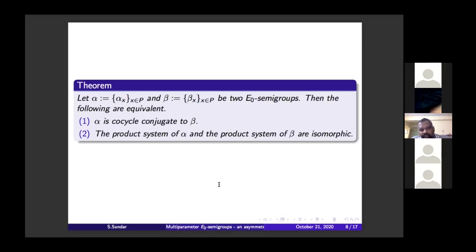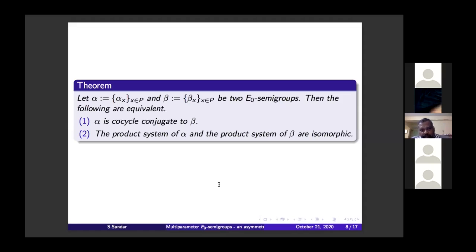So the product system associated to the E0 semigroup completely captures all the information about the E0 semigroup that we want. That's why this product system is a very important invariant in the study of E0 semigroups.